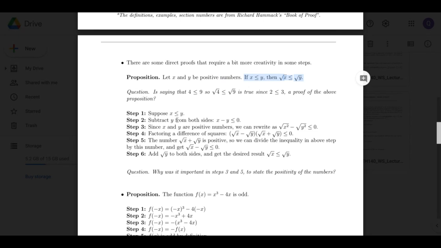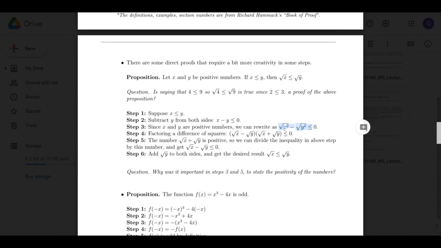Then subtract y from both sides, we get x minus y less than or equal to 0. And x and y we can write as the square root of x squared, because square and square root cancel each other, and y as the square root of y squared. So it can be written in this new form. And then remember the difference of two squares.